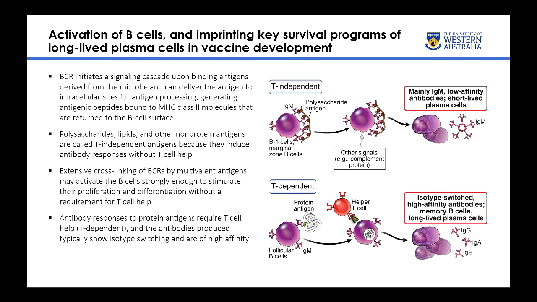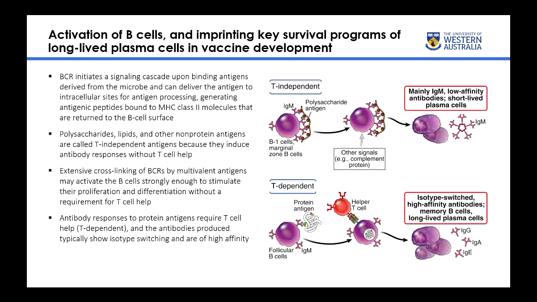For long-lasting antibody responses, you need T cells. So remember, there are T-dependent and T-independent responses. Without T cell activation, most B cells will produce mainly IgM, the low-affinity antibodies, and short-lived plasma cells.